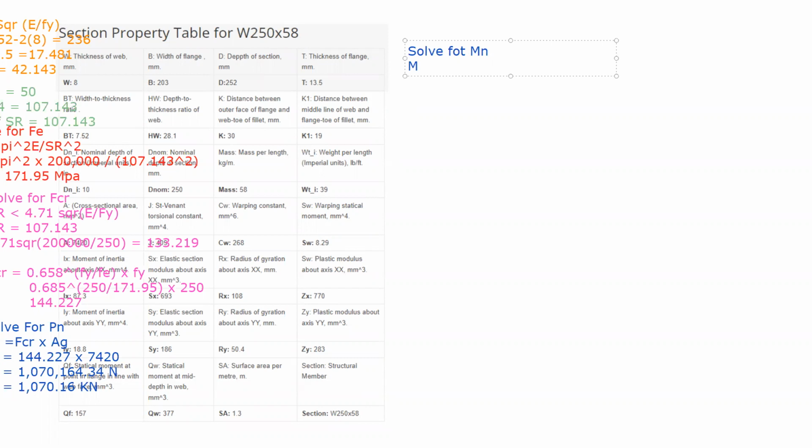For M and Y, this is simply 1.6 Fy Sy. Fy natin is 250. Sy natin is over here on this table. That is 186.